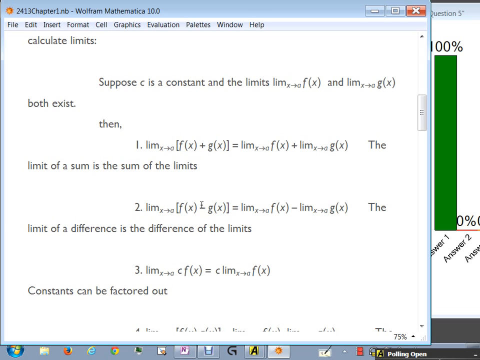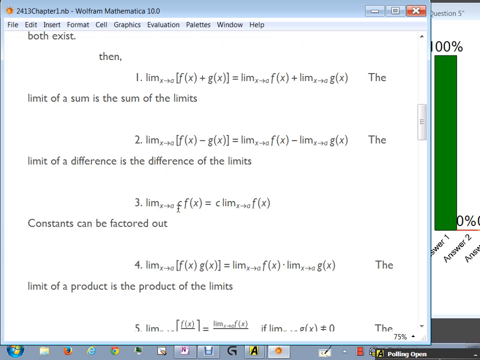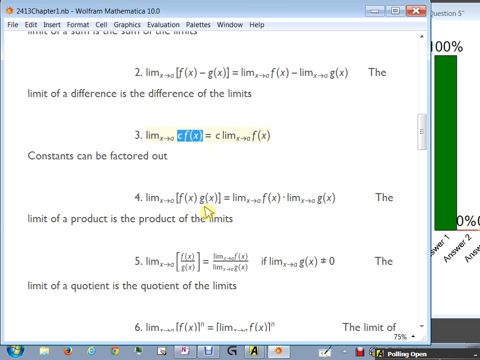If you have a constant in front of a function, you can ignore the constant and just take the limit of the function. If you have a product, you can take the limit of each one and then multiply the answers. Quotients work the same way.